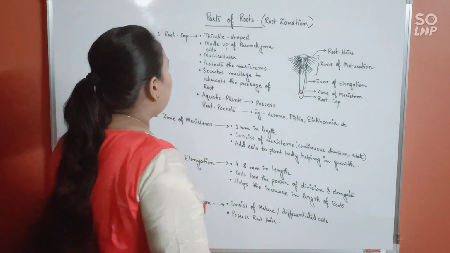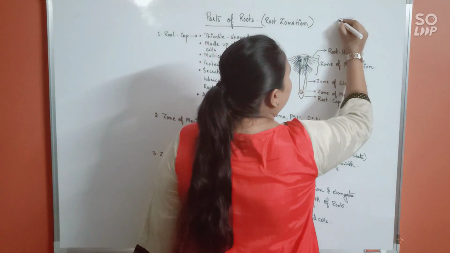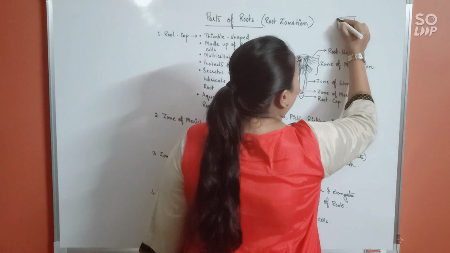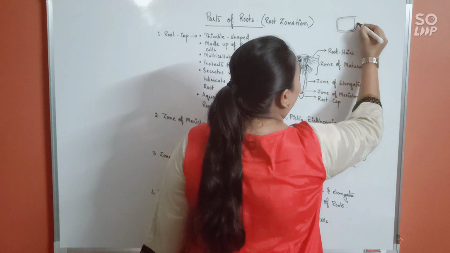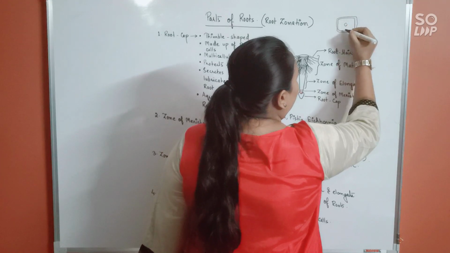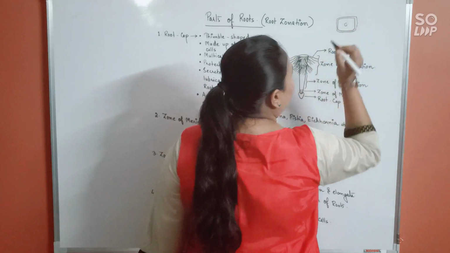Suppose this is a typical plant cell which consists of a cell wall followed by a cell membrane, then cytoplasm and a nucleus.